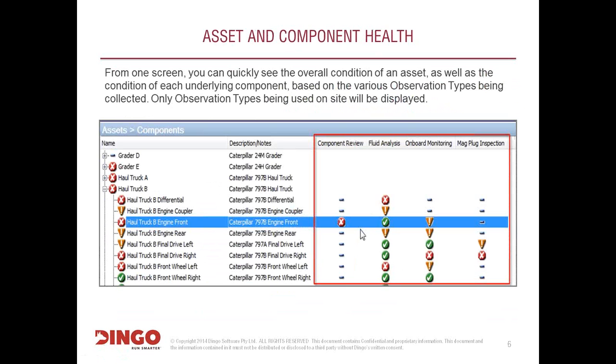Again, I'll show you how this works later on interactively, but in that screenshot you can see the haul truck B has a number of different observation types being recorded against it, and the overall component condition is being calculated based on those types underneath.